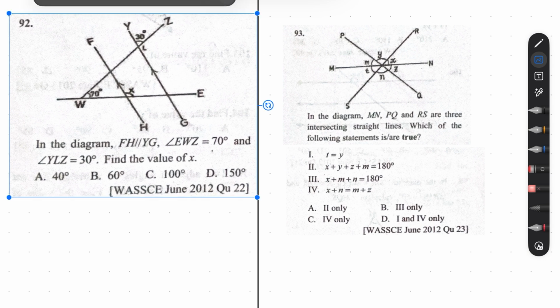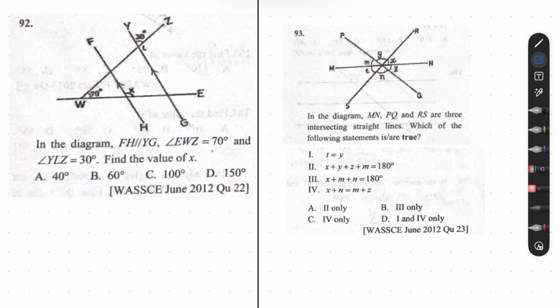Since these two lines are parallel, we'll have corresponding angles. This angle is the same as this angle because they are corresponding, so this angle here is 30. Let's write that down.